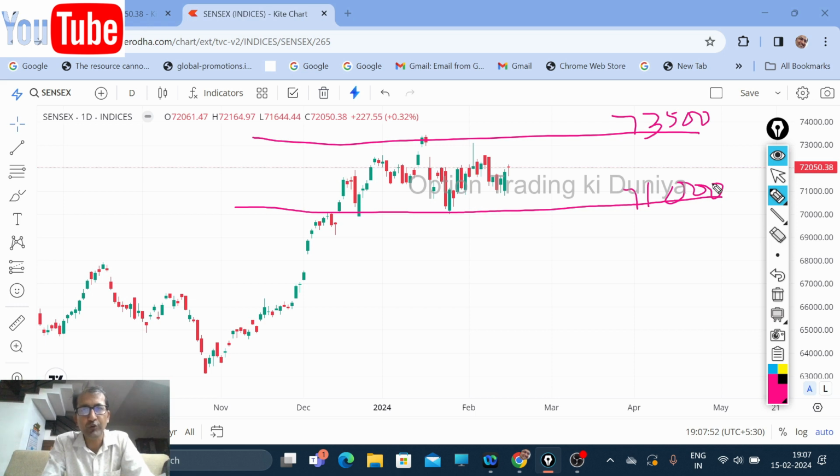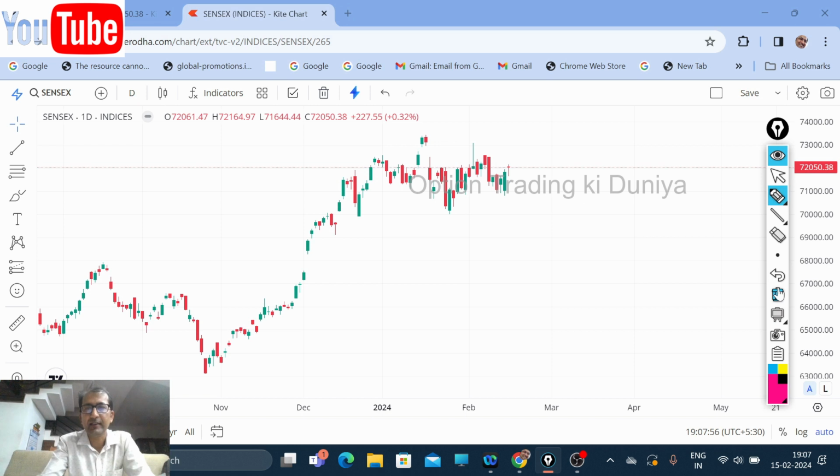So tomorrow, if Sensex is trading maybe 100 or 200 points higher with a gap up, that is around 72,200, how should you trade?